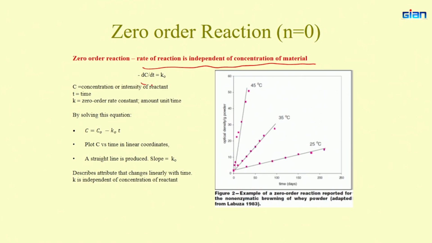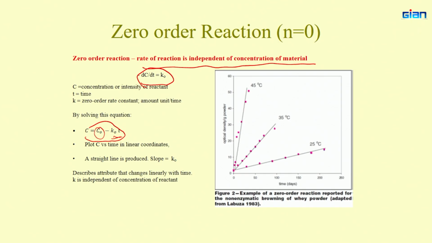So then you can say dC over dt is just a constant, and by solving this equation you have the relationship C minus C0, that is your initial concentration, and then you are going to reduce over time by a certain value. And so you get this type of zero order reaction.